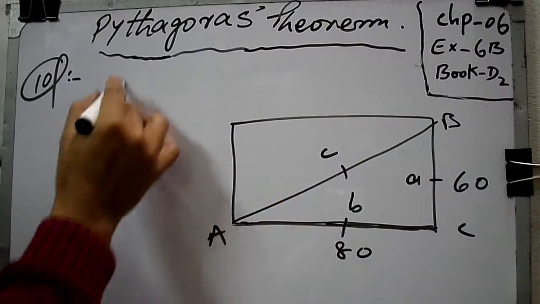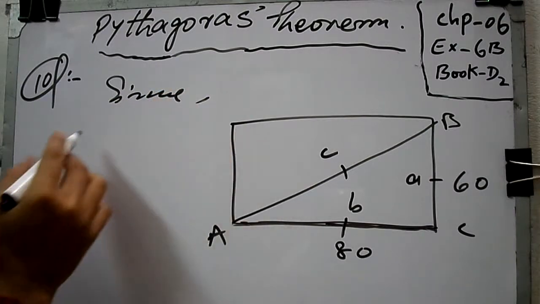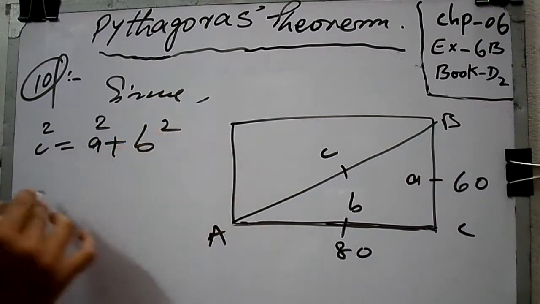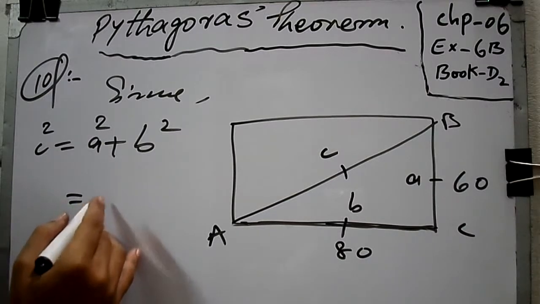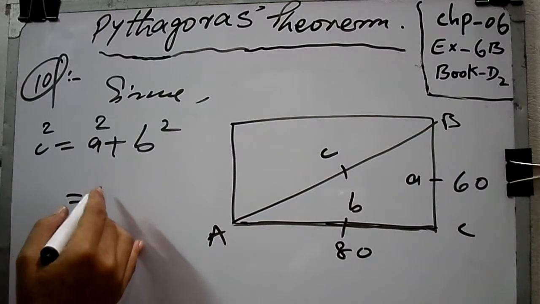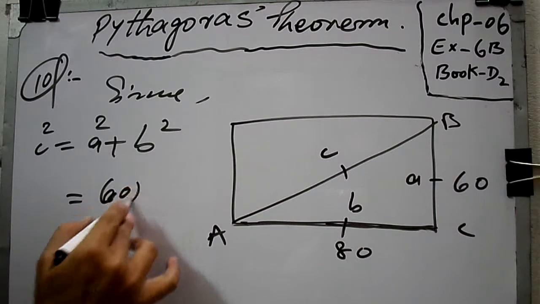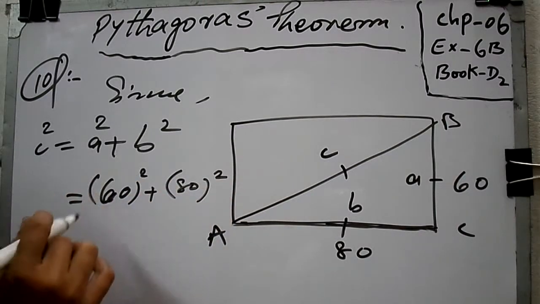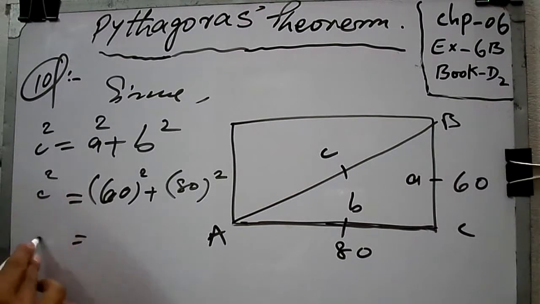Since by Pythagoras theorem, c square is equal to a square plus b square. You need the value of c. The value of a is 60, so 60 square plus 80 square. After simplification, you will get 10,000 for c square.